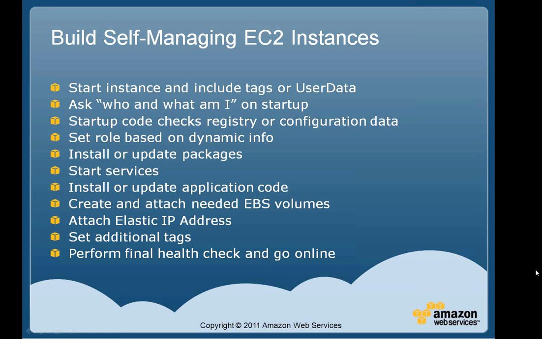Other things you can do is take advantage of elastic IP addresses. So an interesting fact about EIPs is that if you resolve the DNS name of an EIP from within EC2, you'll get the 10 dot address. And if you resolve that same name from off of EC2, you'll actually get the public IP of it.